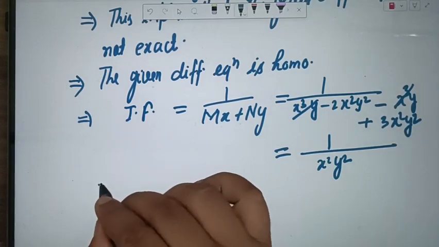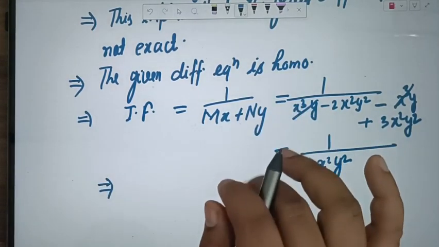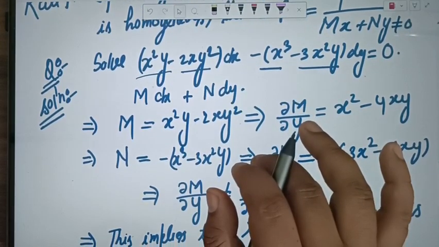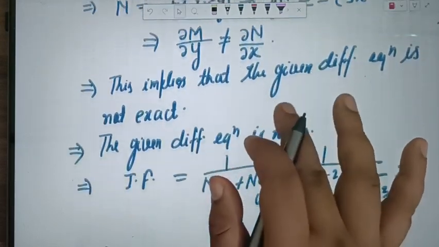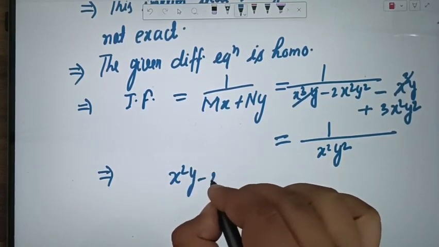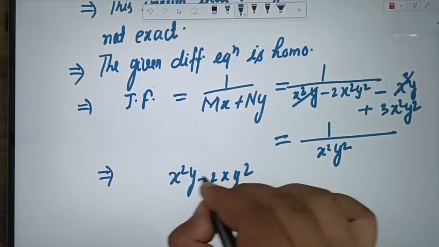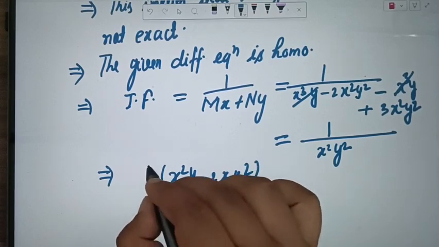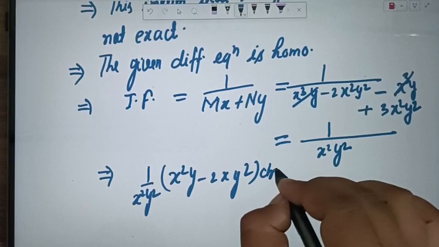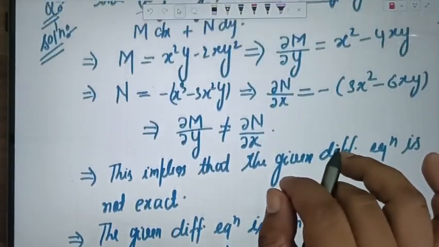So come on, what about the resultant? We have the given differential equation as x square y minus 2xy square, and multiply by this factor 1 upon x square and y square dx, right? And then what about the next?